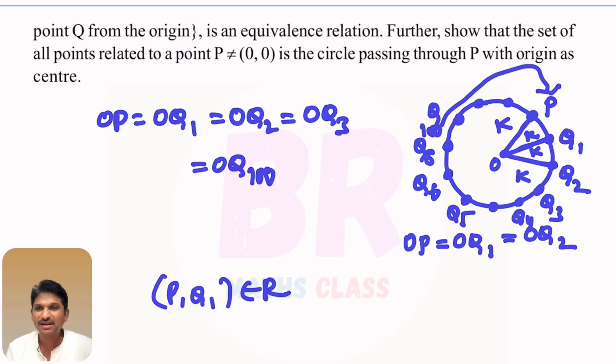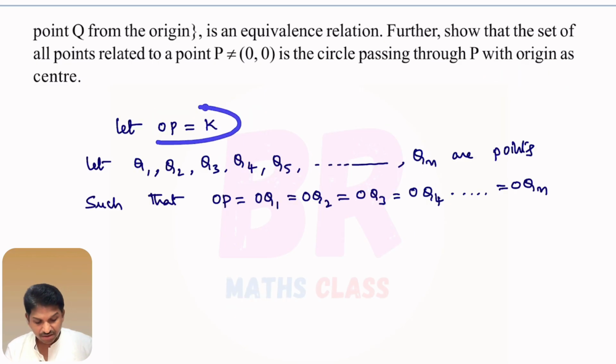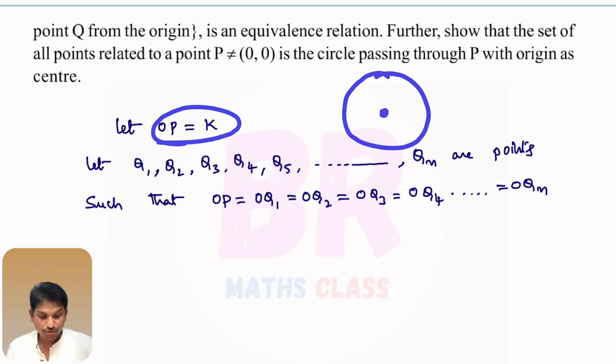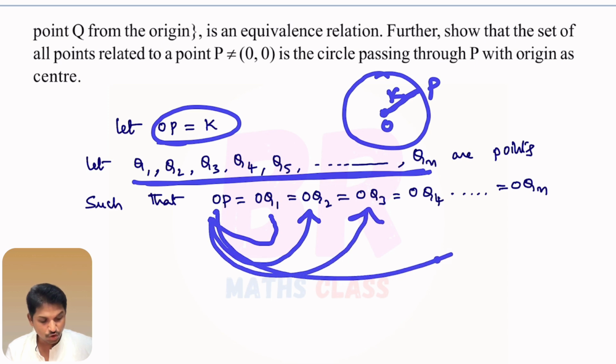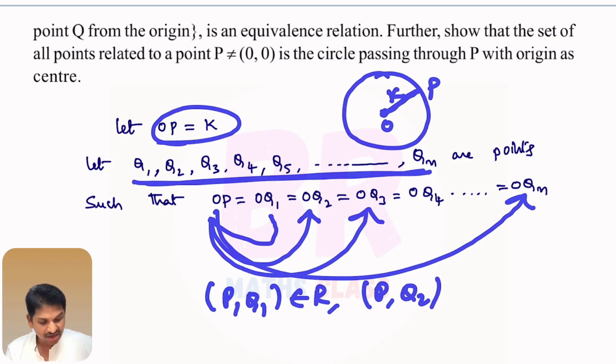I hope you understand. I considered OP equal to K. Suppose O is the center, OP equal to K. You take n points such that OP equals OQ1, OP equals OQ2, OP equals OQ3, OP equals OQn. Here it tells you that P, Q1 are related, P, Q2 are related, like that P, Qn are related.